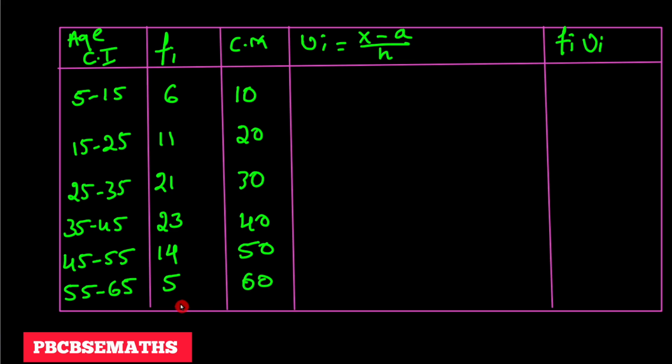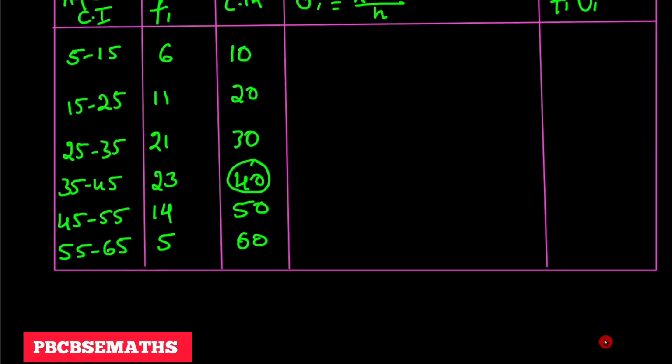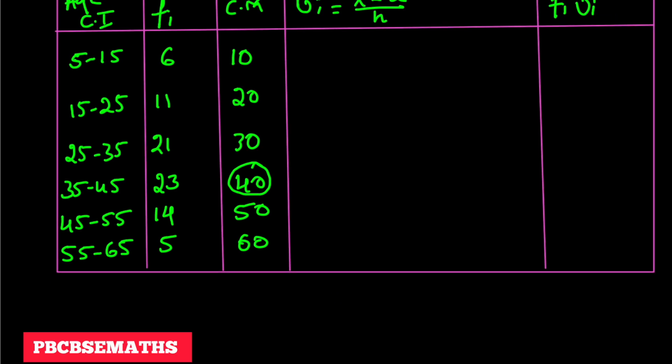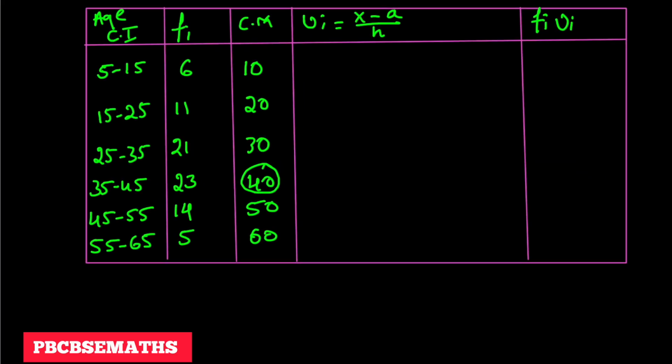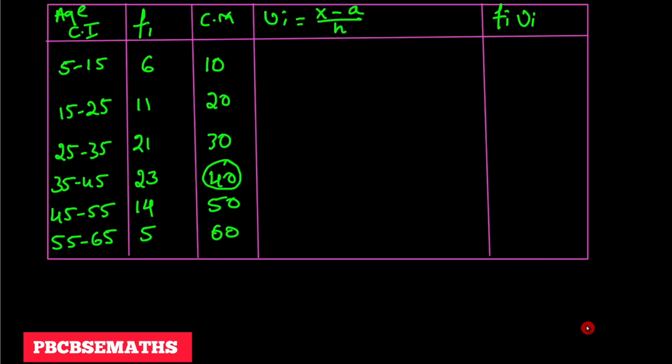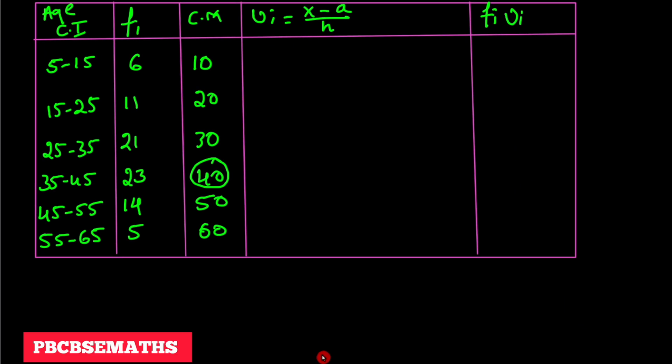So now let's take any one value as the assumed mean. For that, let's take this 40 as the value of a. So we will take the value of a as 40. After that, we will calculate the value of this u i interval.